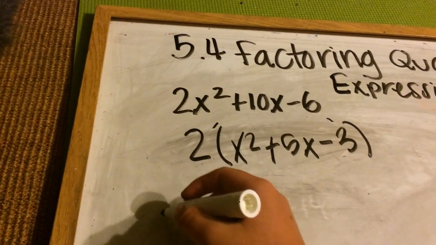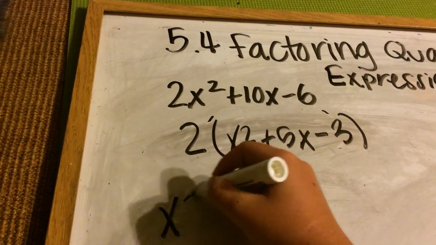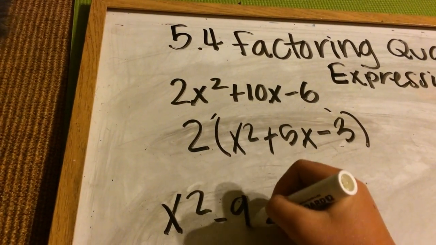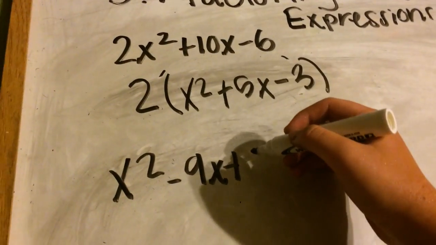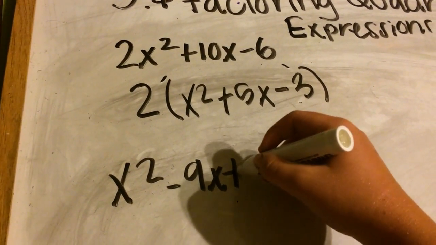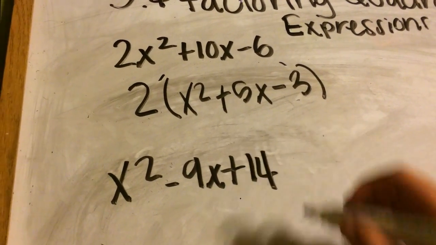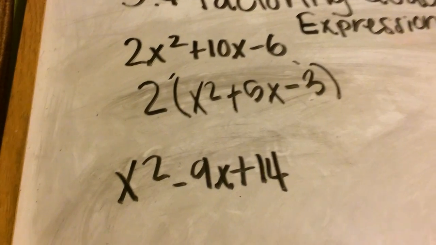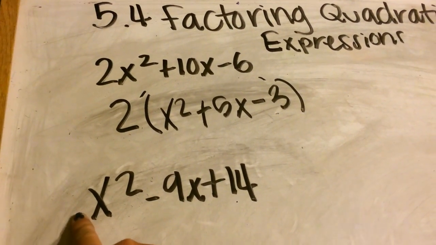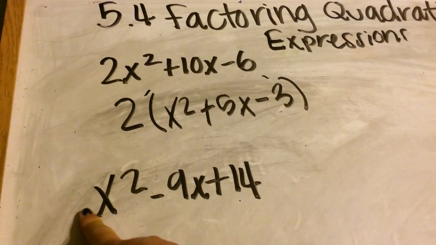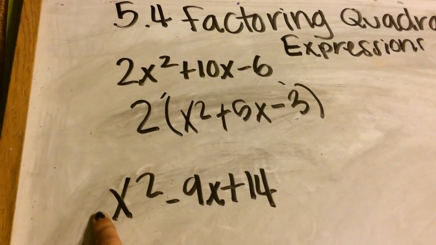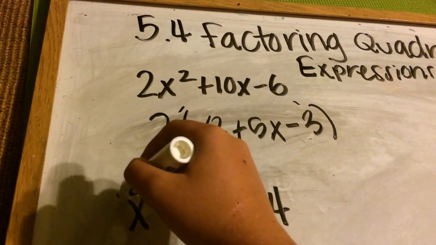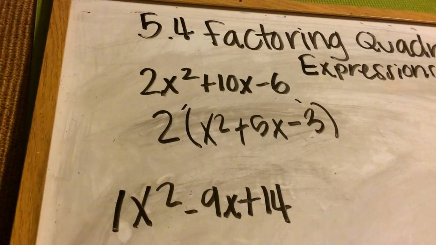Now we're going to try to find the solutions of an expression. Let's say we have the example x squared minus 9x plus 14. Since the value of a is not written, there's no number in front, so it's going to be a 1.